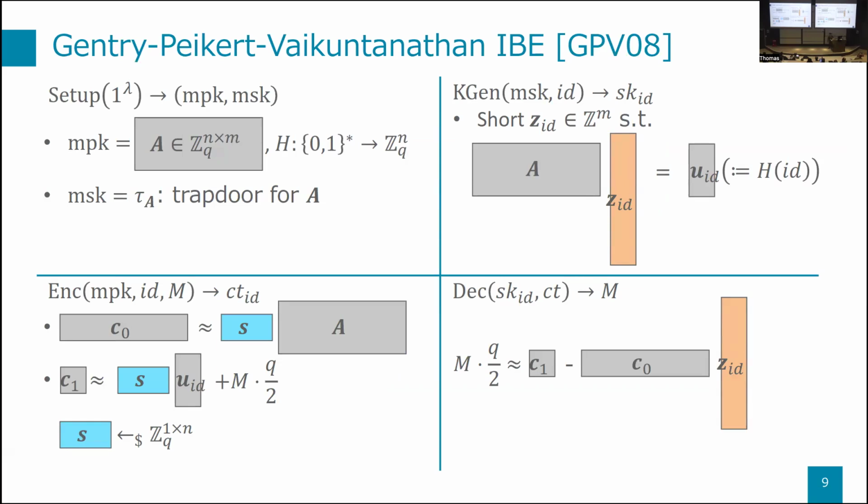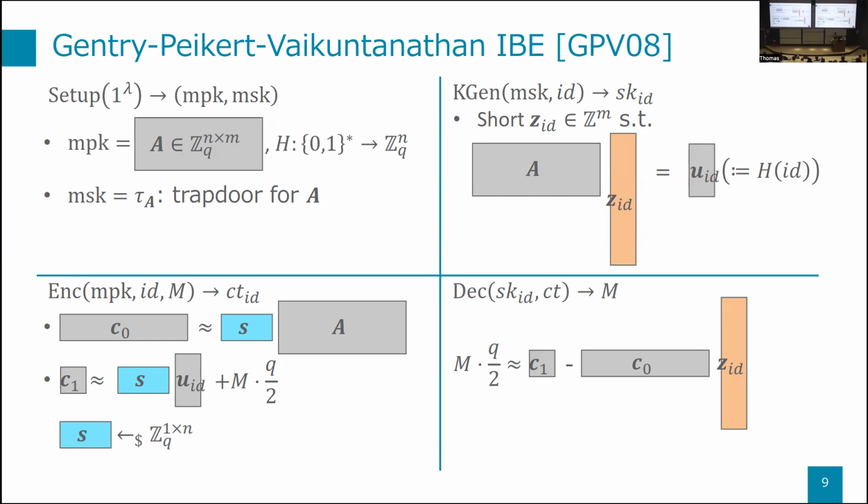I recall the GPV IBE scheme. In the GPV IBE scheme, the master public key is a random matrix A, and the master secret key is a trapdoor for it. The secret key for ID is a short vector g_ID satisfying these equations.